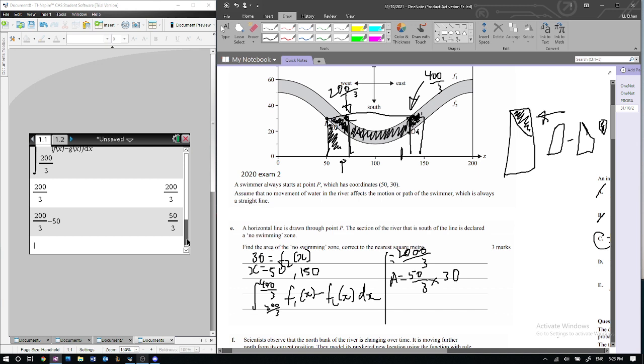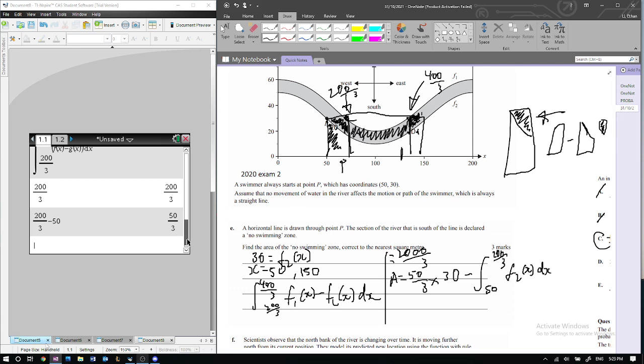And then minus that thing that we specified. This area is just the area under the graph of f2 of x. So minus the integral from the same terminals, 200 on 3, 50, f2 of x.